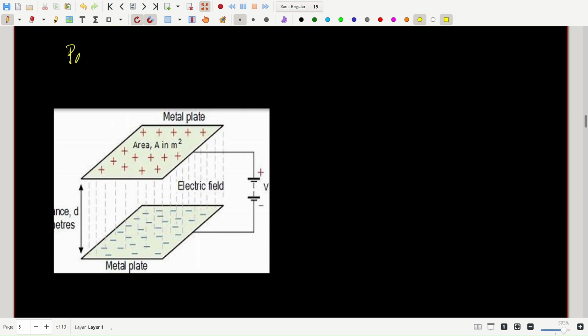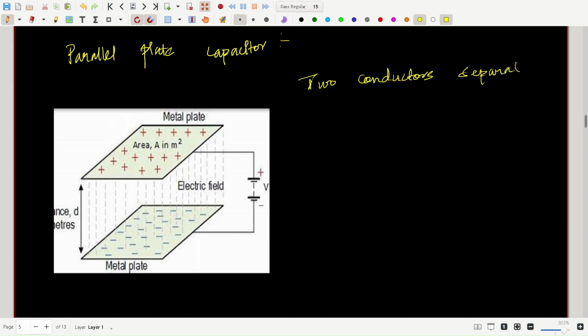Next we can see a parallel plate capacitor. What you're seeing on the screen is called a parallel plate capacitor. A parallel plate capacitor is nothing but two conductors separated by an insulator.